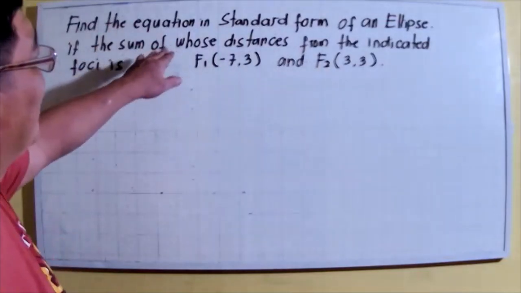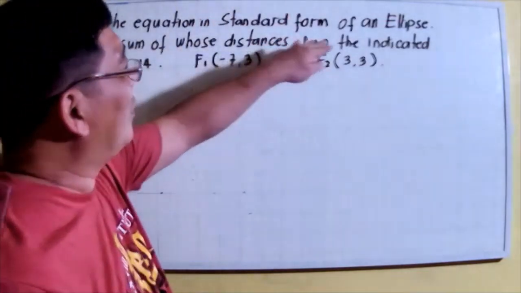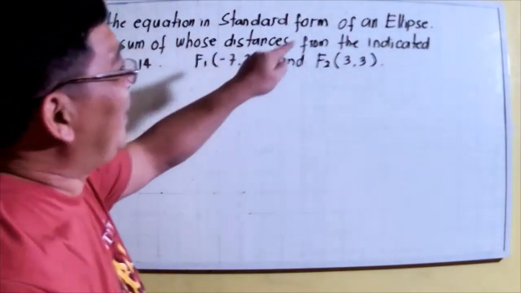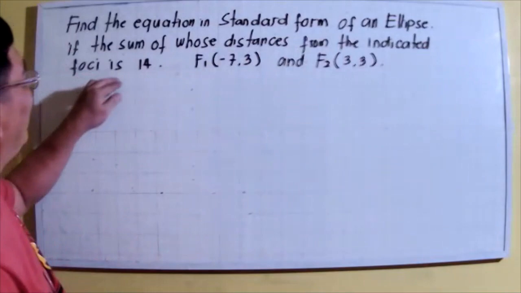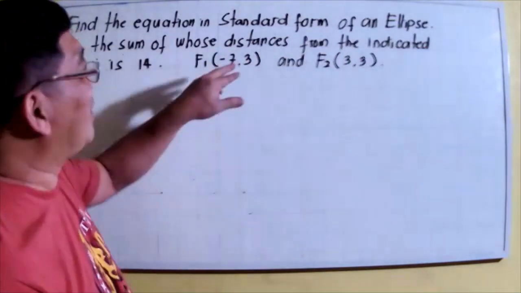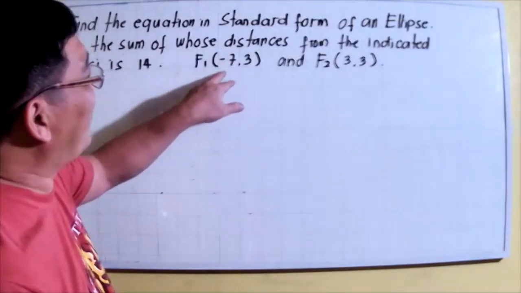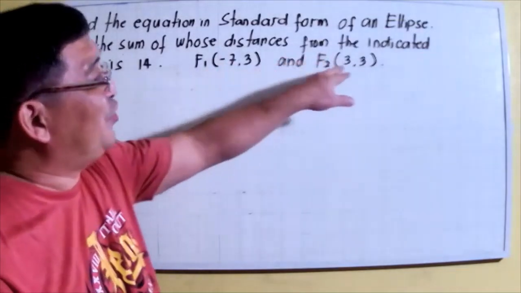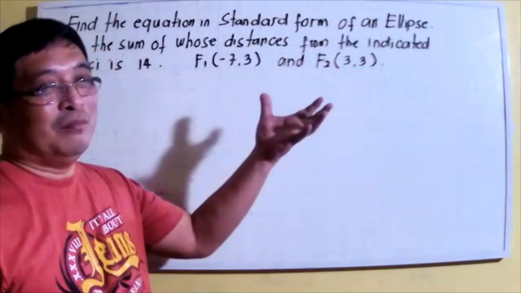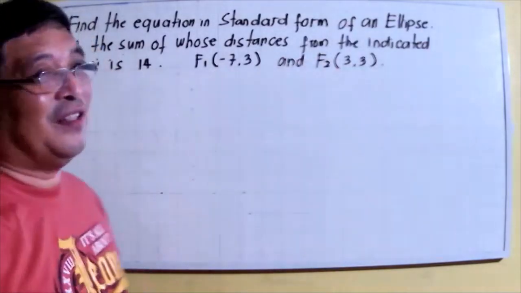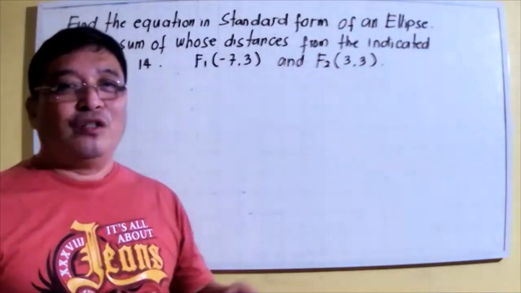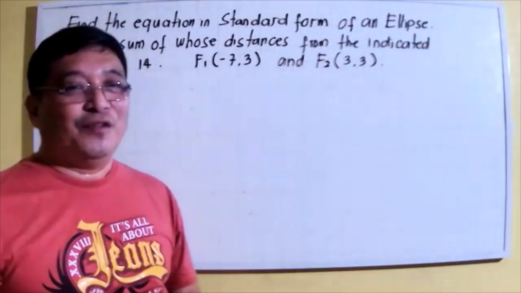Find the equation in standard form of an ellipse if the sum of whose distances from the indicated foci is 14, wherein F1 has its coordinates of -7, 3, and 3, 3. Now let us first locate the foci before we begin finding the other information to find the equation of an ellipse in standard form.